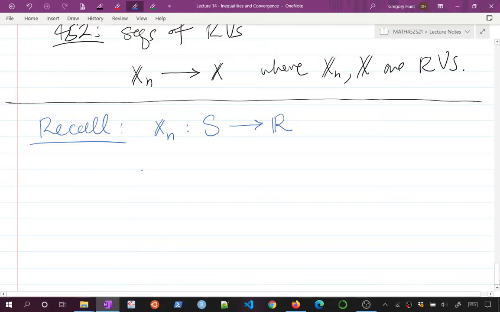We haven't talked about sample spaces since 451, but ultimately random variables are just functions. For some little s in my sample space, we calculate X of little s, and this is a number.